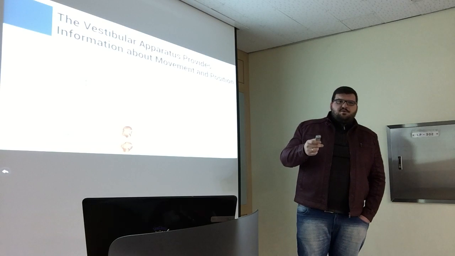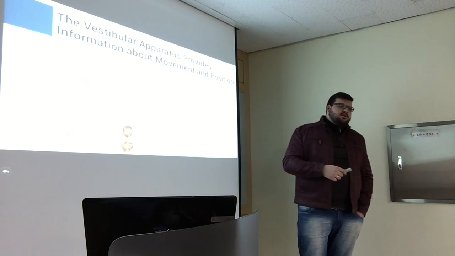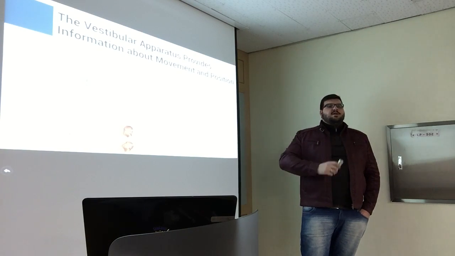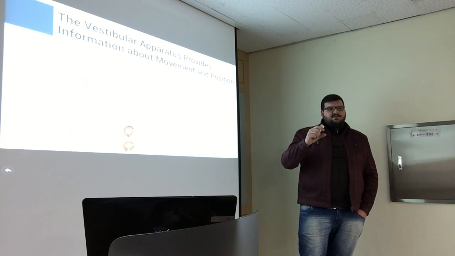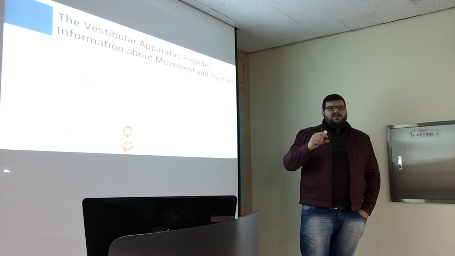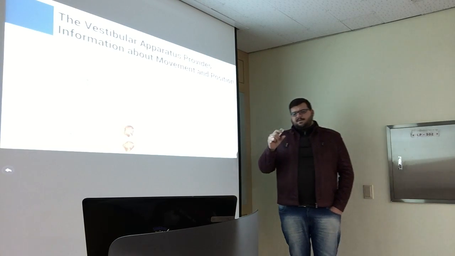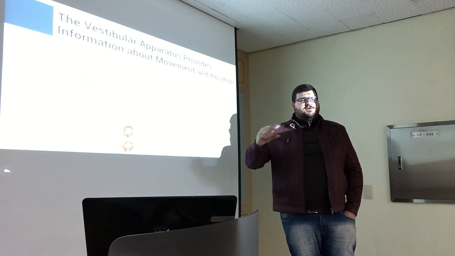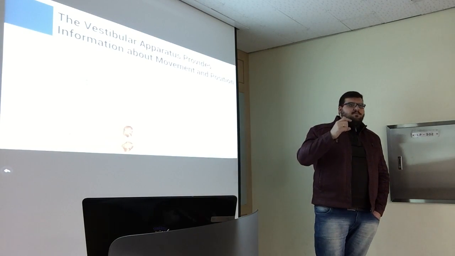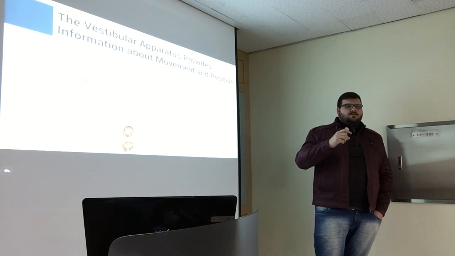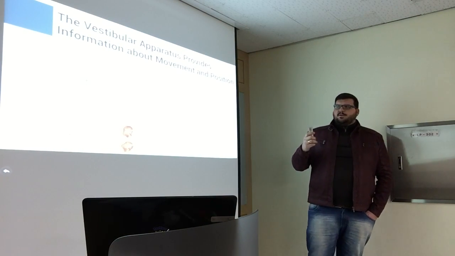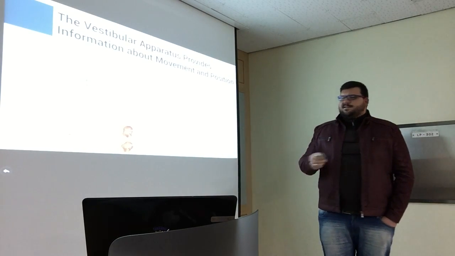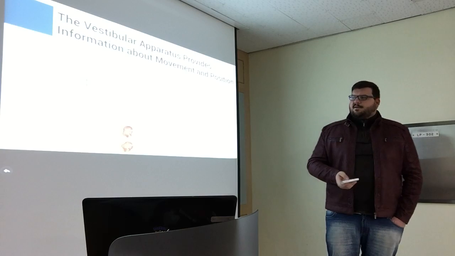So when you, for example, turn your head to the left or to the right, or turn down or backwards, there are hair cells that will feel these movements, and these movements will be transduced into electrical signals and send the message to your brain about the position of your head. So that's why this system will help you to get equilibrium, because it will recognize the position of your body.